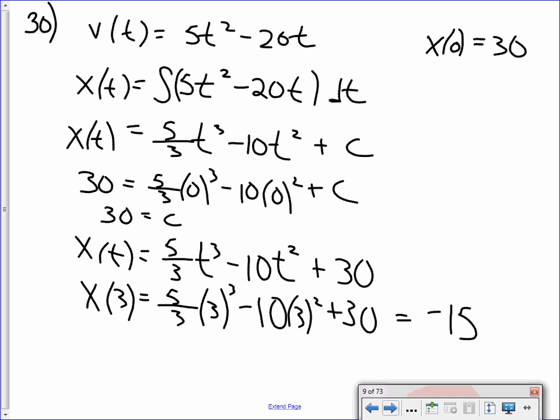And from that we get that c equals 30. Now we have the position function, 5/3 t cubed minus 10t squared plus 30. They didn't just say get the position function, they said find the position when t equals 3. So once you have your position function, you had to plug 3 in to solve. You could plug any time in and get its position anywhere.